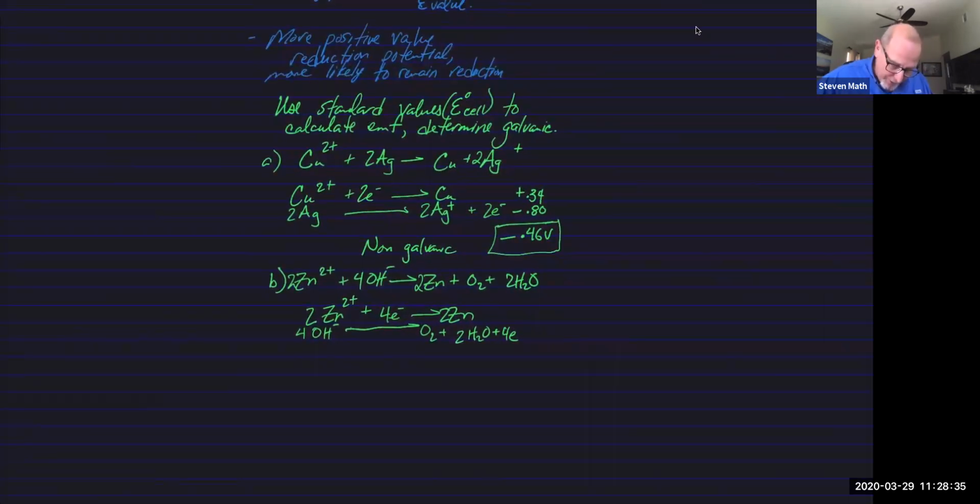I find my E standards. This is negative 0.76. This is negative 0.40. This becomes negative 1.16. Once again, non-galvanic.